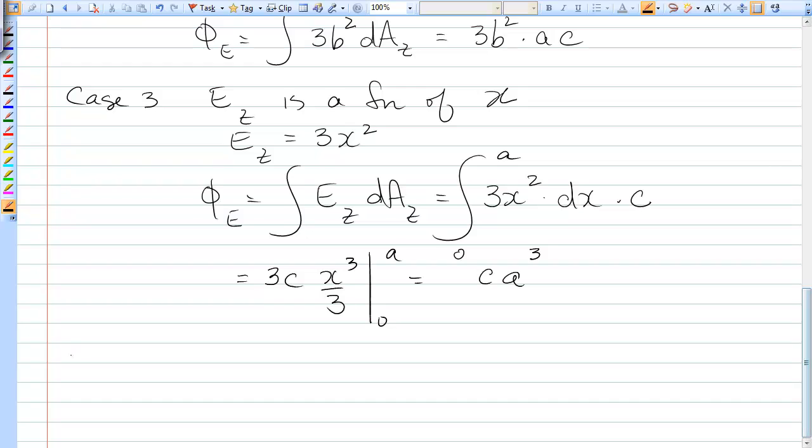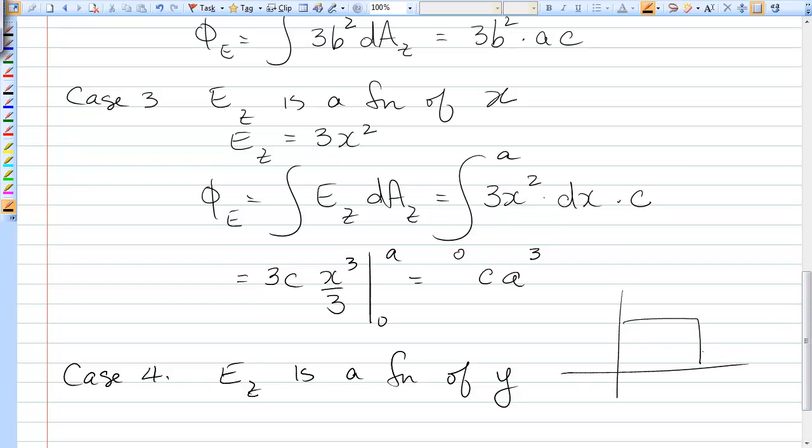Now you can probably figure out, if Ez is a function of y, then it means that the electric field, let's draw this again here, on this face, this is x and y, is now increasing as we go up.